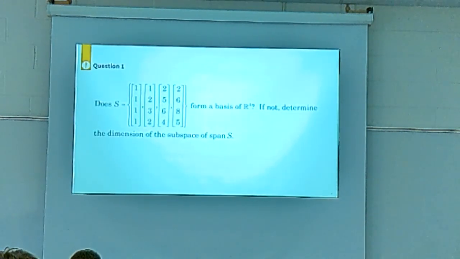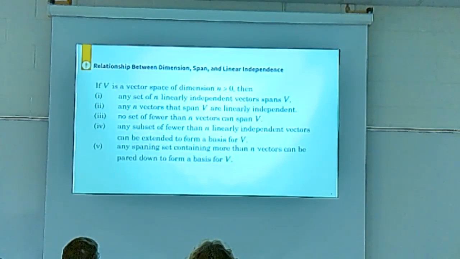It has to be linearly independent and span R4. The dimension of R4 is 4. So honestly, all we have to do is check to see if they're linearly independent, because there's 4 vectors in there. By property 1, if those 4 vectors are linearly independent, they automatically span. So let's check for linear independence.